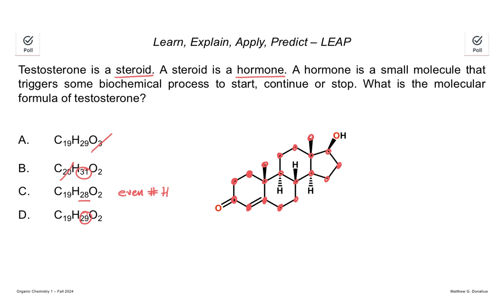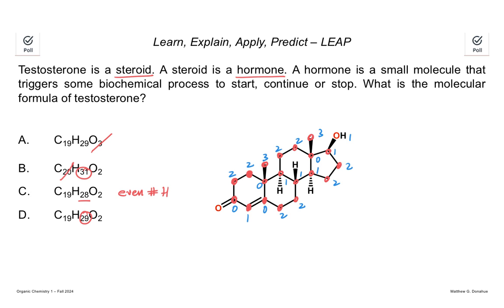And let's count the hydrogens to confirm. In blue, I'll just write the number of hydrogens by each carbon. So there's 2, 2, 0, 1, 0, 2, 2, 1, 1, 0, 3, 2, 2, 0, 1, 1, 2, 2, 1, and 3.